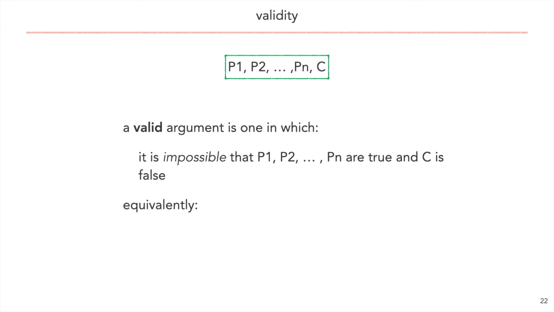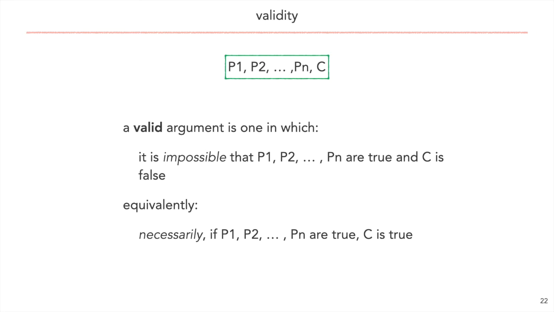Equivalently, this is saying the same thing but in different words: necessarily, it must be the case that if the premises are all true, then the conclusion is true. Necessarily, if P1, P2, ... Pn are true, then C is true.